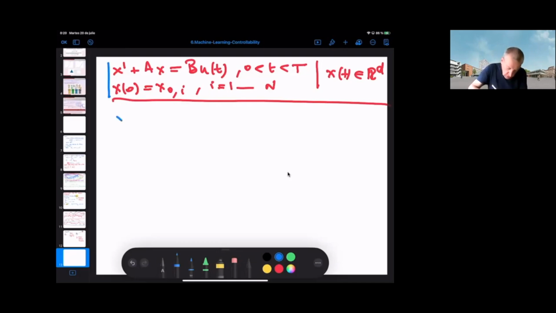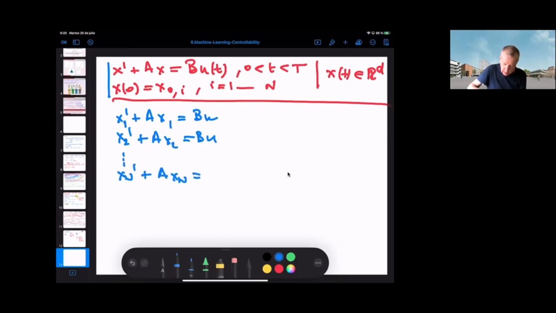In which the first component of the system fulfills this ODE. The second component of the system fulfills the same ODE. The nth component of the system fulfills the same ODE. And then, of course, every initial datum takes the corresponding datum to be classified, right?